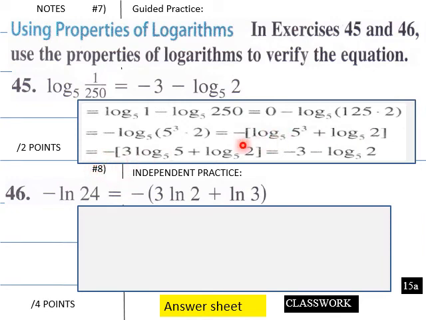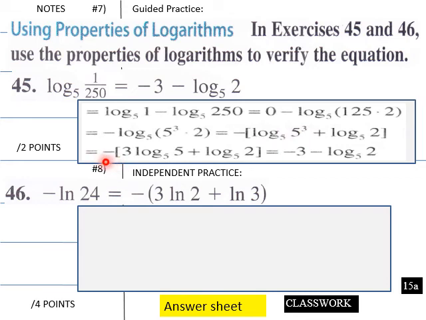And so what this is, it's a reciprocation of this product here, which is 5 to the third, 125 times 2. So we're using the product property here, which is reciprocated, which is again what this is saying here. So we're saying the same thing, but in a different form.